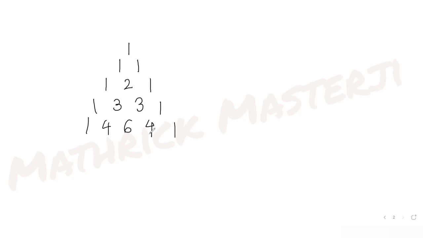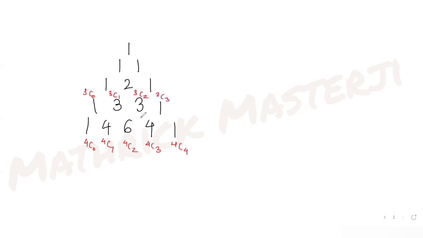As we go down the terms, we have our Pascal triangle. If I observe my combinations, let's talk about 4. This is 4C0, 4C4, 4C1, 4C2 and 4C3. And for 3, we have 3C0, 3C1, 3C2 and 3C3.